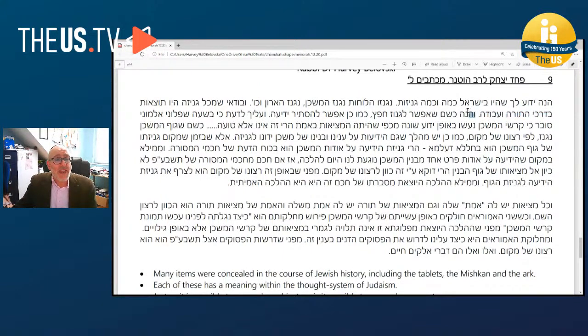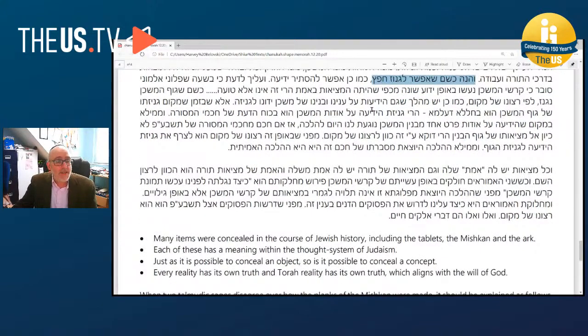Because as he says, just as it is possible to conceal an object, you can hide an ark in a catacomb beneath Jerusalem, you can also conceal knowledge and awareness. And he goes on, it's quite a long piece, and I've culled most of it. It is possible not just to hide a physical object, but to also conceal a concept.